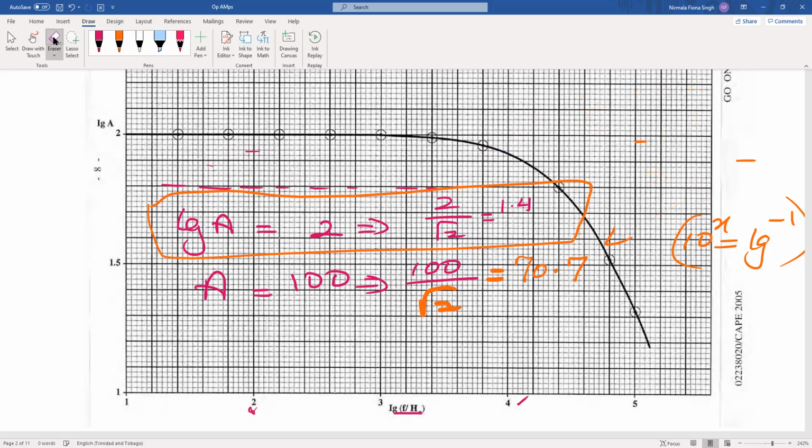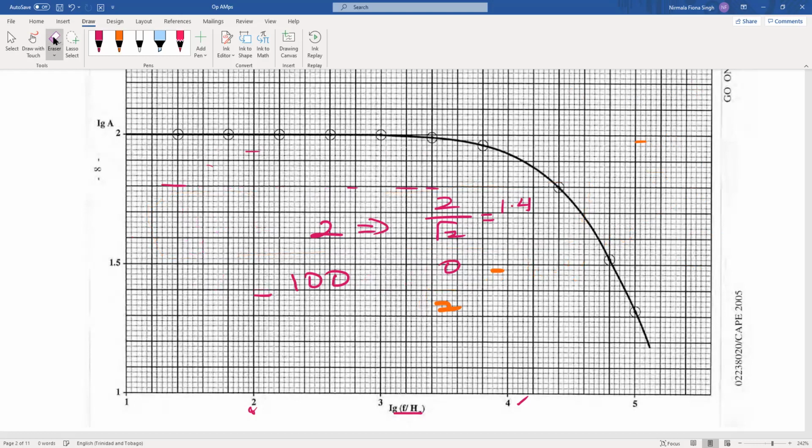Let's go over the whole thing. One more time. This is why in the notes I said when you use log, care must be taken.